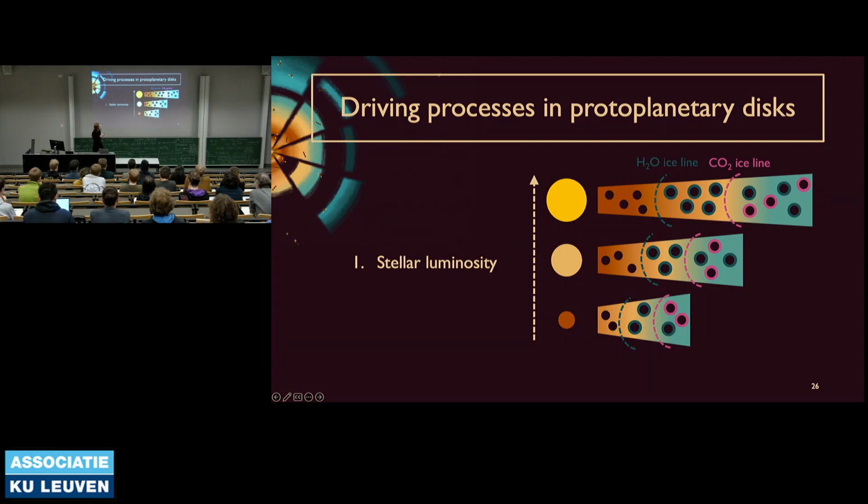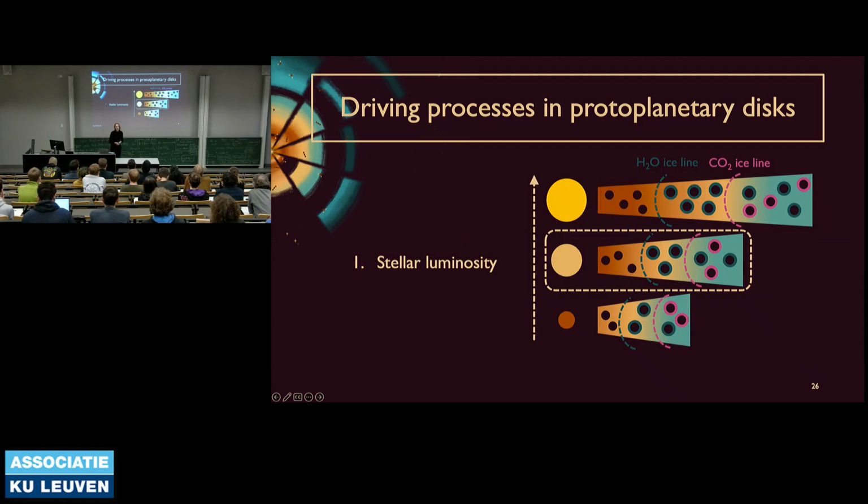So this is very luminous, these are usually the Herbigs, they're very luminous. They have a lot of irradiation on their disk, the temperatures are high, so these ice lines are further out, and as you move down in luminosity, they move in, right? So these are very low mass, brown dwarf kind of objects, and these are the intermediate mass objects, and that's what we're looking at specifically.